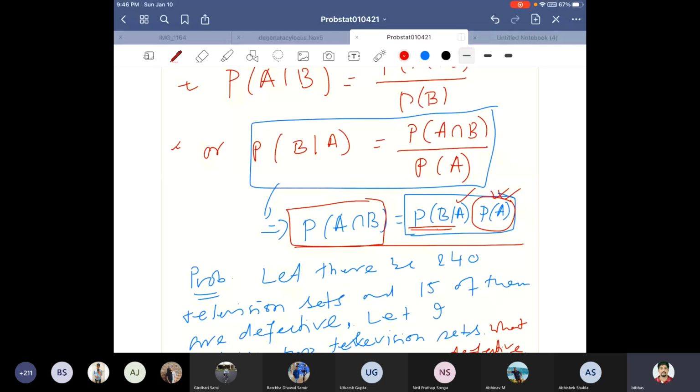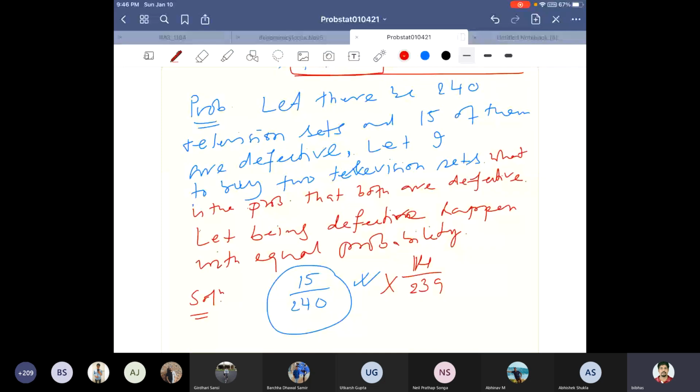So instead of considering this as a division, you consider this as a multiplication. Both are defective. A is the first television set, B is the second television set. Once you buy one, then based on that, the probability of B will change. So the answer is 15 by 240 times 14 by 239. What would be this number? I don't know, but this is the answer.